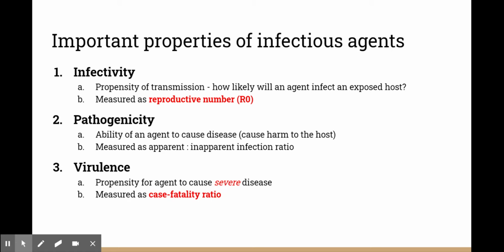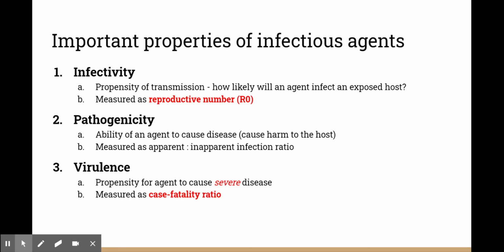So what does that mean? An infectious agent with more pathogenicity is more likely to get you visibly sick: symptoms, coughing, sneezing, headaches, don't feel good. The more people that are exhibiting symptoms compared to the people who are maybe infected but not exhibiting symptoms, that is what that ratio means.